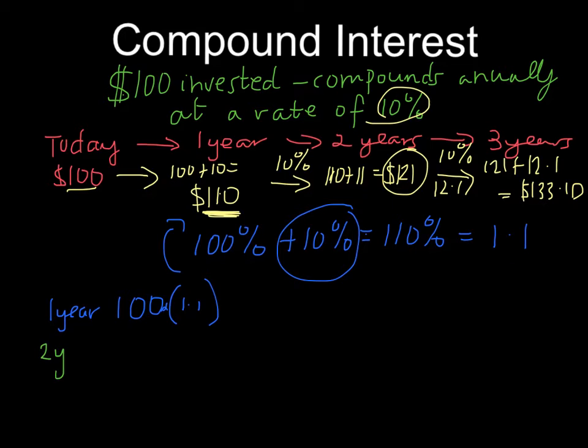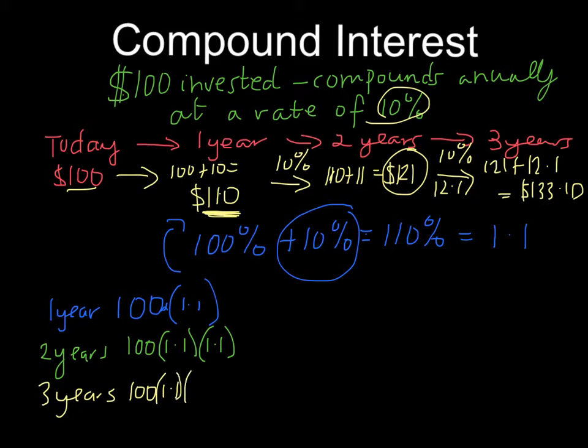After 2 years, it would be $100 times by 1.1 and then times by 1.1 again. After 3 years, it would be $100 times by 1.1 times by 1.1 times by 1.1.